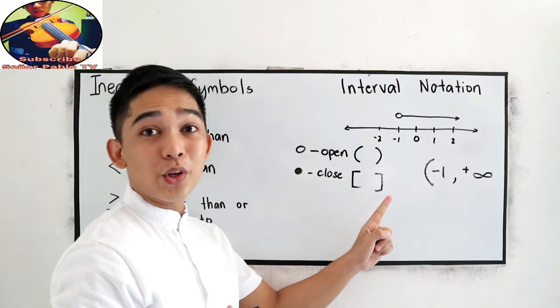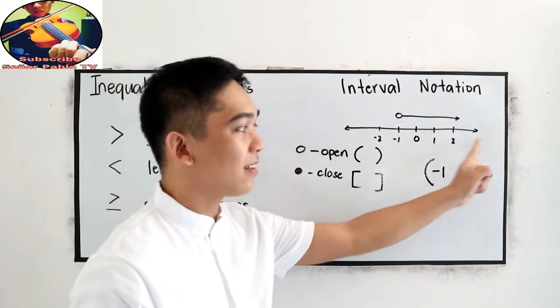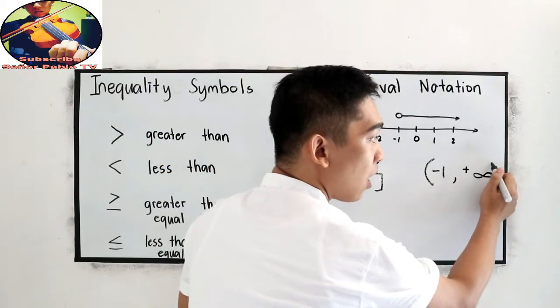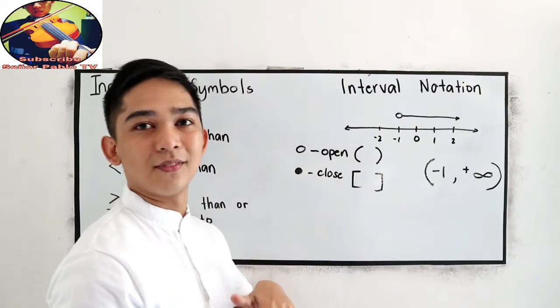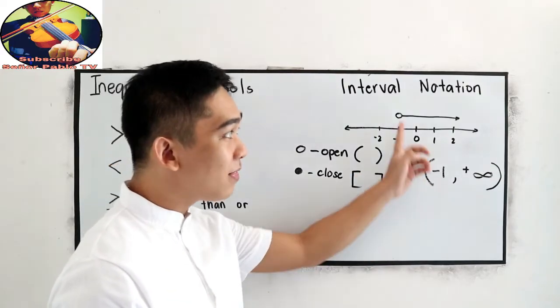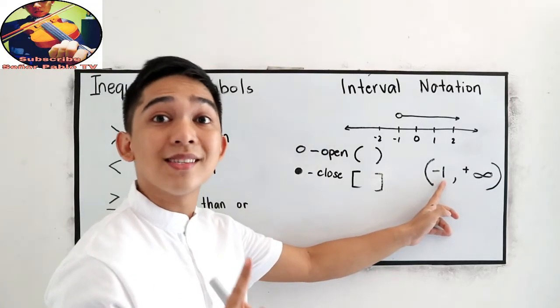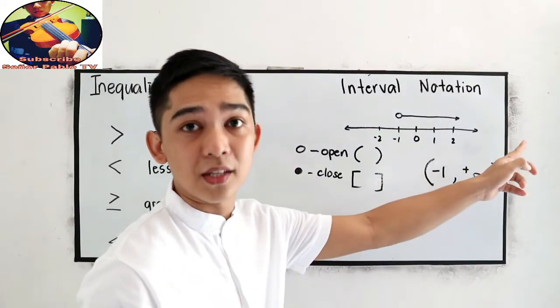Since we do not know where it ends because this is infinity, we're going to use the open symbol. So, open to -1, that means -1 is not included. Then going to positive infinity.